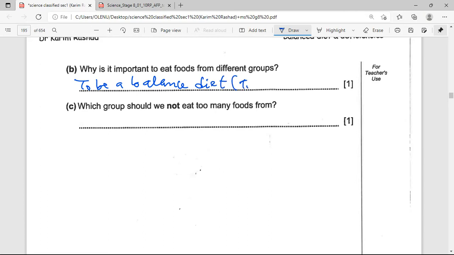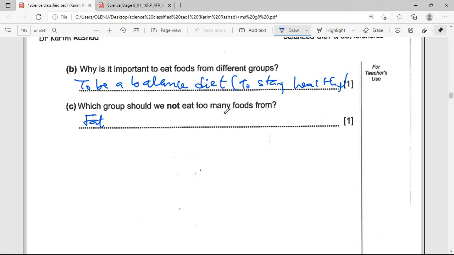Now, which food group should we not eat too many of? I think it is the one with a lot of fat, because if you look at the pie chart, the one with a lot of fat and sugar has a very small proportion of food that is being consumed by humans.